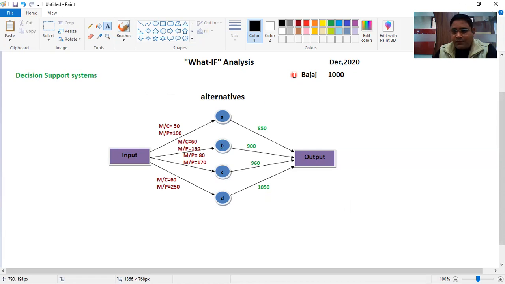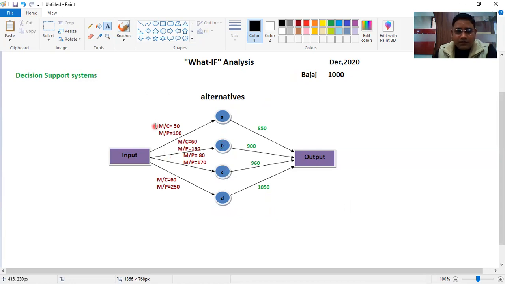As we have discussed, Bajaj company has decided that they will manufacture 1,000 bikes in the month of December 2020. Here we have taken only four alternatives right now: Alternative A, B, C, and D. Now they have to find out the best alternative.